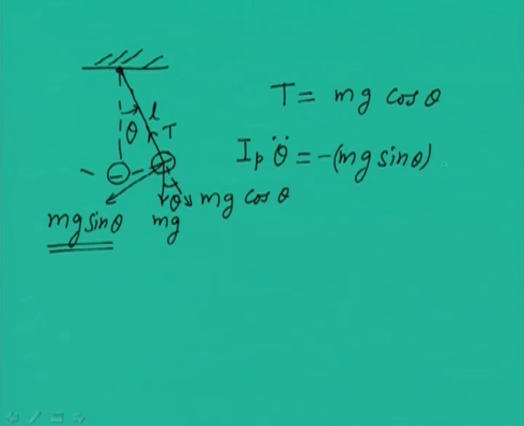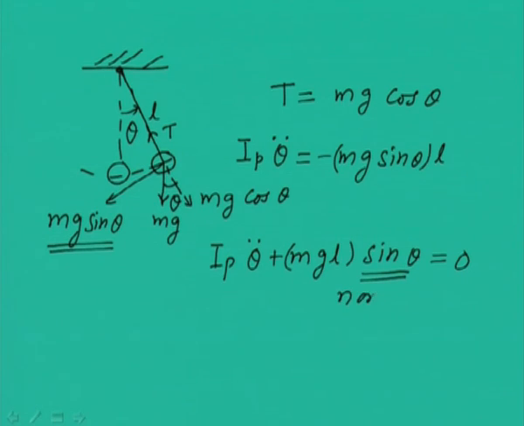This gives us the equation of motion of the pendulum, and you can see that this particular term, sin theta, is a nonlinear term, because sin theta can be expressed in terms of theta in polynomial form.